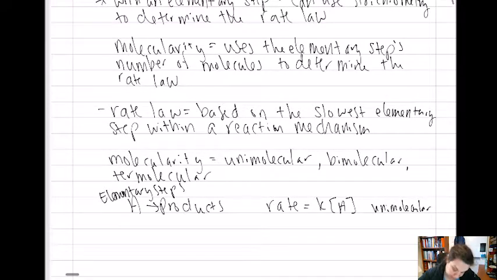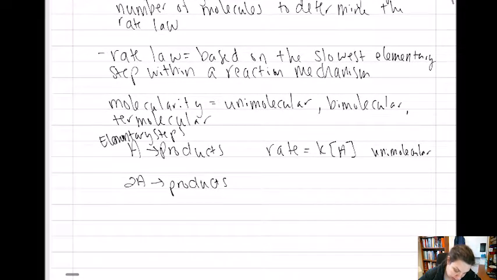We have something like 2A to products, or A plus B to products, again within an elementary step, and this being our slow elementary step.